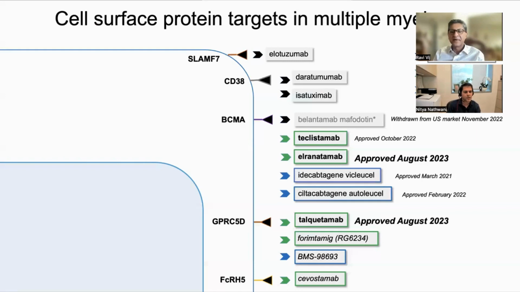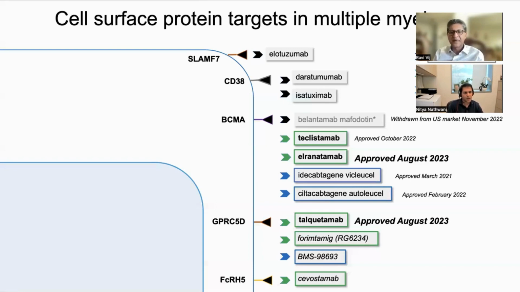Then there was approval of teclistamab in October 2022, which is a bispecific targeting BCMA. And then there was elranatamab, which is another bispecific targeting BCMA in August of 2023.